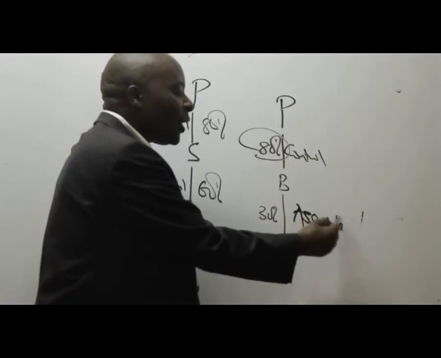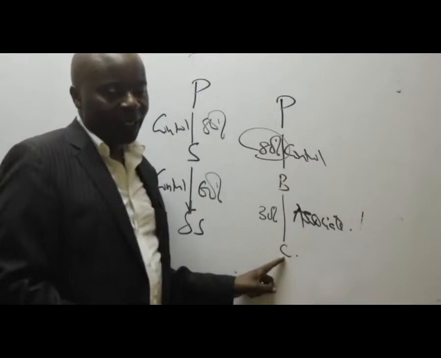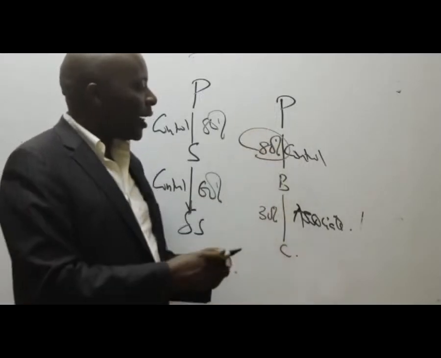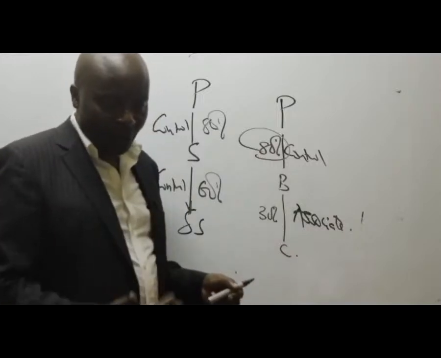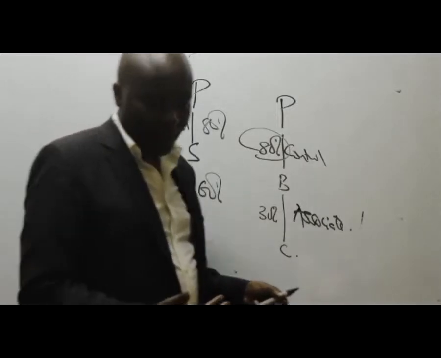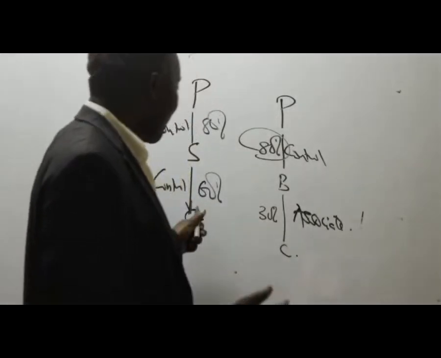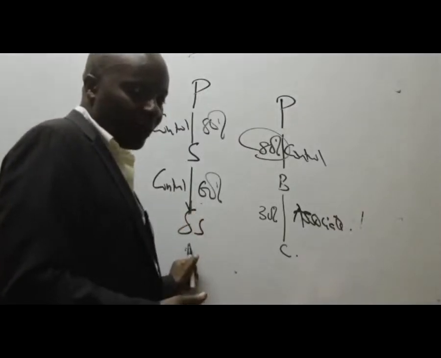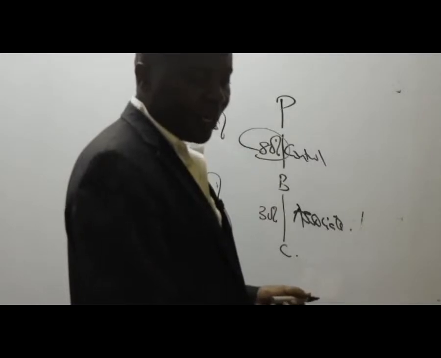There is no way you'll tell me straight away that P has got control over C, because C now is an associate, right? Yes. Now in the computations, somebody has asked, we shall be using that 48%.